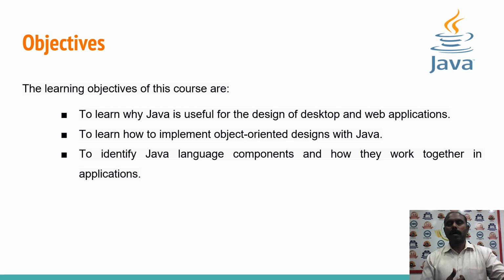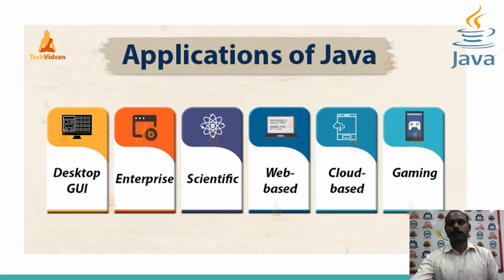There are also some predefined modules available in Java. As I told you, compared to other programming languages, say Python has a huge library. Java also has a great library, with great components and modules available. You can use those modules and work on an application. So these are some learning objectives of this course.